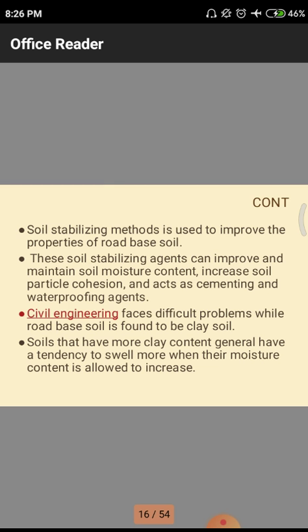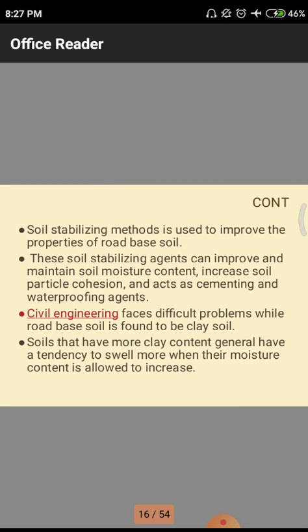After that, soils that have more clay content generally have a tendency to swell more when their moisture content is allowed to increase. Here the major keyword we are using is swelling. Normally swelling means an increase in the surface level due to entrainment of water content.